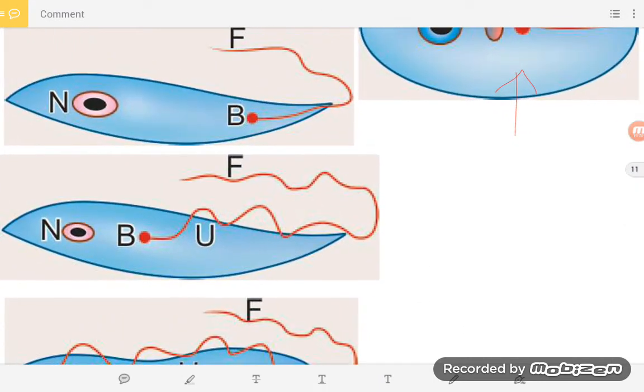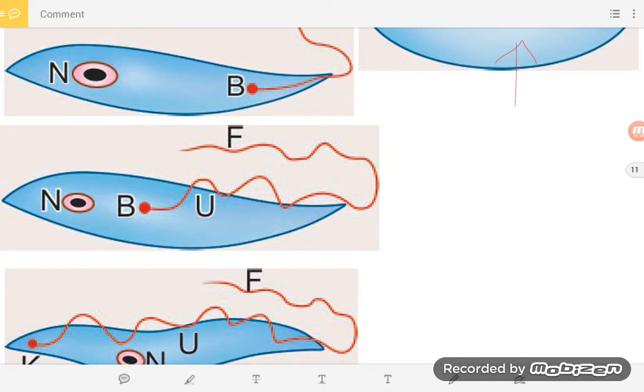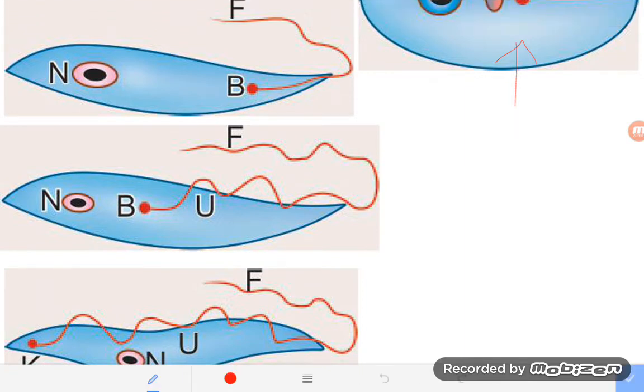The other three you can clearly differentiate. Here you can see the nucleus is usually at center, but in the case of the promastigote form, the kinetoplast is at the anterior part, and the flagellum we can also see at the anterior part. In the epimastigote form, you can see the kinetoplast at center, from which the undulating membrane arises, and again anteriorly you can see the flagellum.